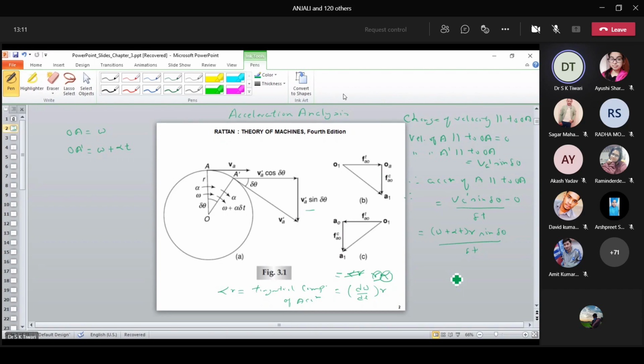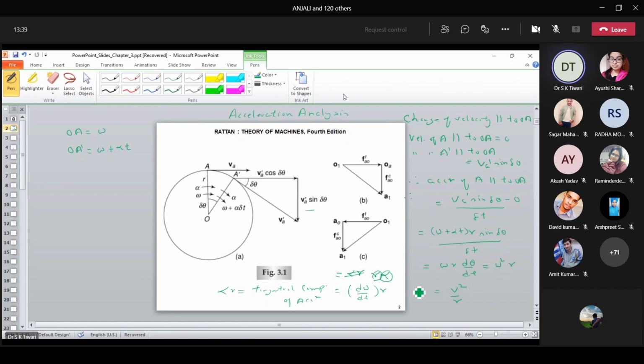So what will be the acceleration of A parallel to OA? It will be equivalent to omega r into d theta upon dt. And what is d theta upon dt? It is omega, so it will be equivalent to omega square r. And this can be written as v square by r.